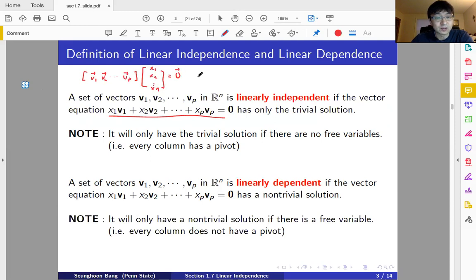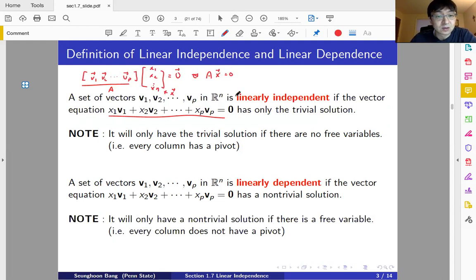This is matrix A, this is the vector x, so we have A times vector x equals 0. This is exactly a homogeneous linear system.